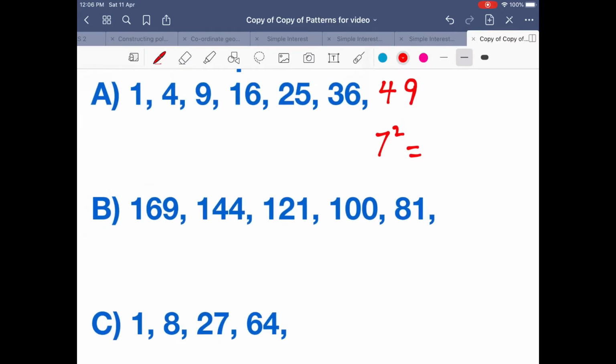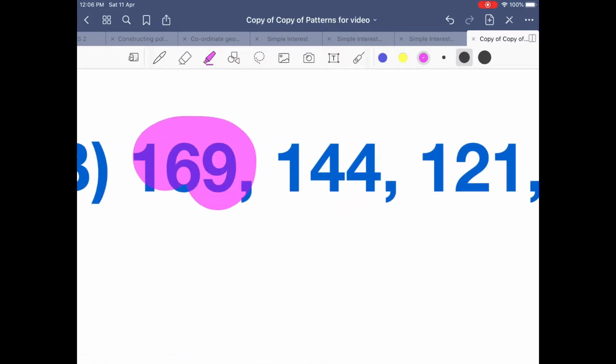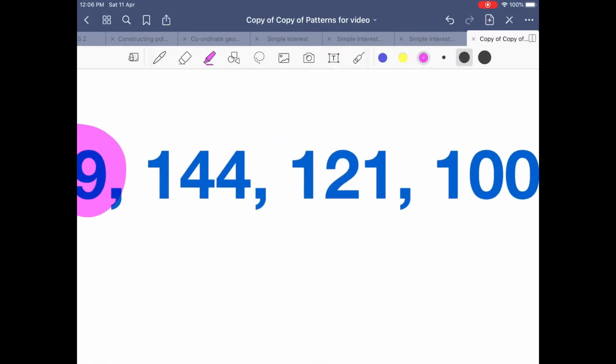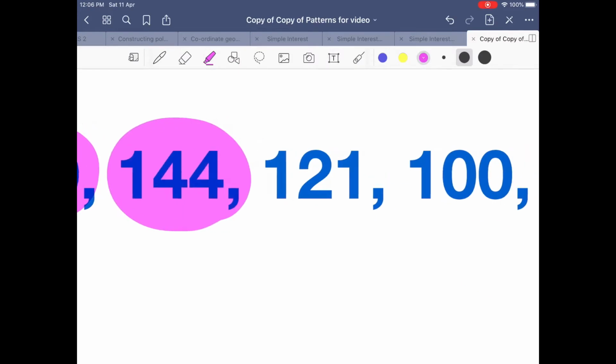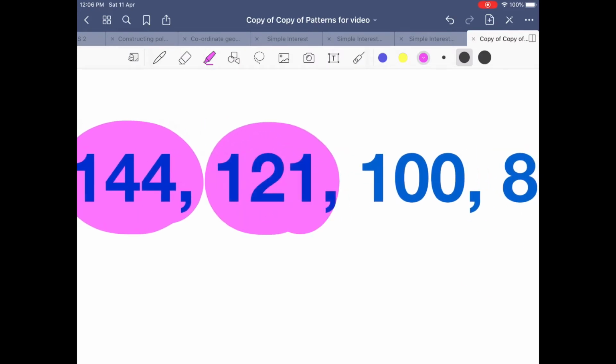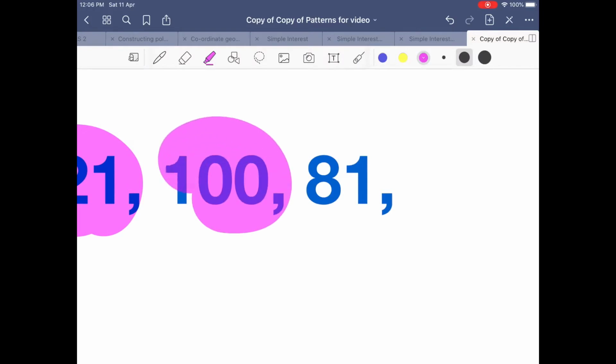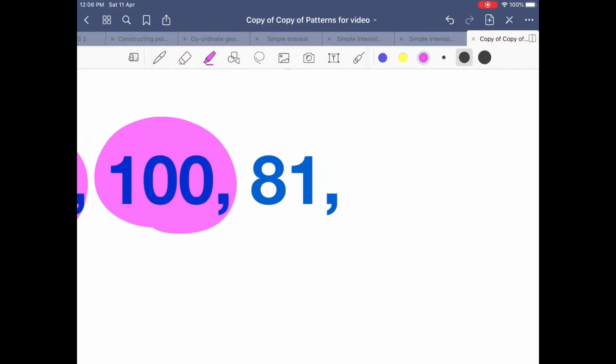Next we have the numbers 169, 144, 121, 100. So again, these are also squared numbers. 169 is 13 squared, 144 is 12 squared, 121 is 11 squared, and 100 is 10 squared. 81 is 9 squared.